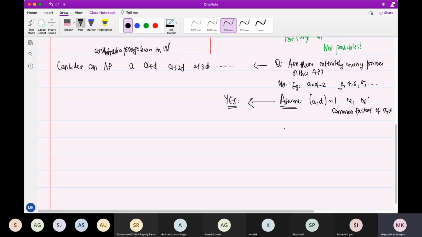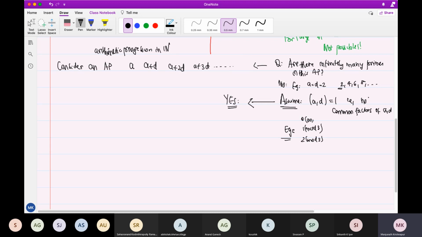For example, let's take two arithmetic progressions: 1 mod 3 and 2 mod 3.